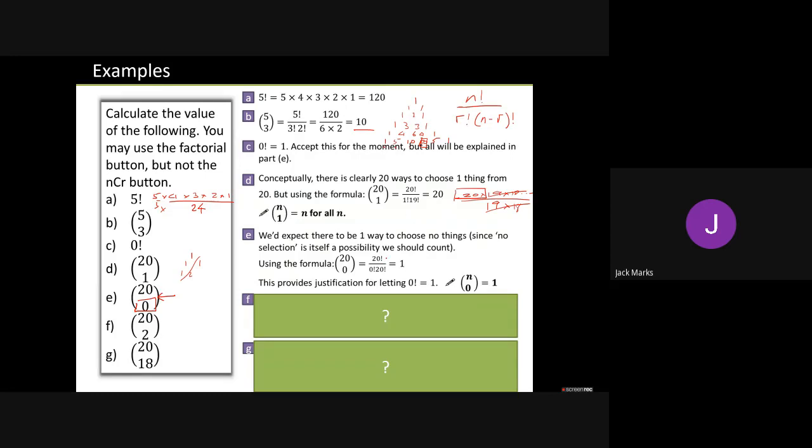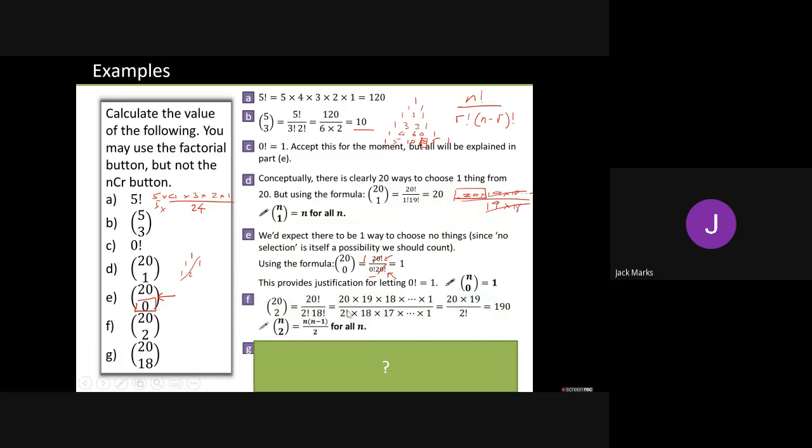When we substitute it into the formula, we get 20 times 19 times 18 at the top. We have a 0 factorial there, and then we also have 20 times 19 times 18, etc. So these bits sort of cancel. So you have a 1 in the numerator. 0 factorial needs to be 1 for this to work. Otherwise, it doesn't make sense.